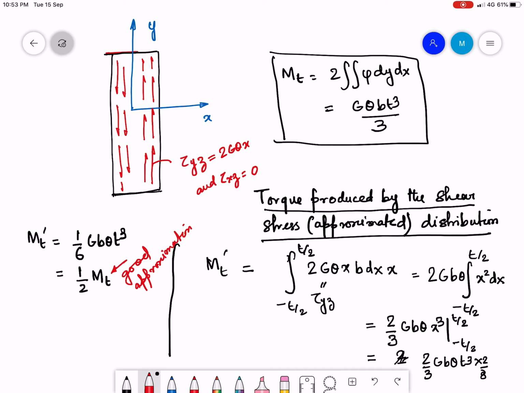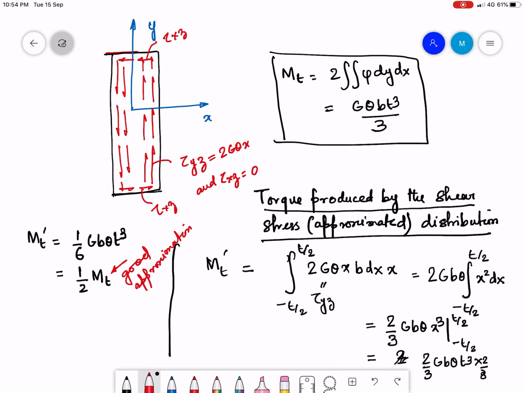What are we missing? What we are missing is the shear stress at these edges. Because of the approximation of the deformed shape near the edges, we have missed out the tau x z that is non-zero near the edges.